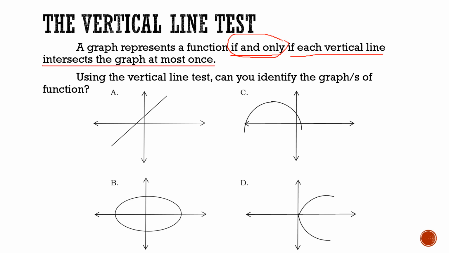Meaning to say, once we apply the vertical line, if there is only one point of intersection between your vertical line and your graph, then the graph represents a function. If there are two or more points of intersection, then the graph does not represent a function.